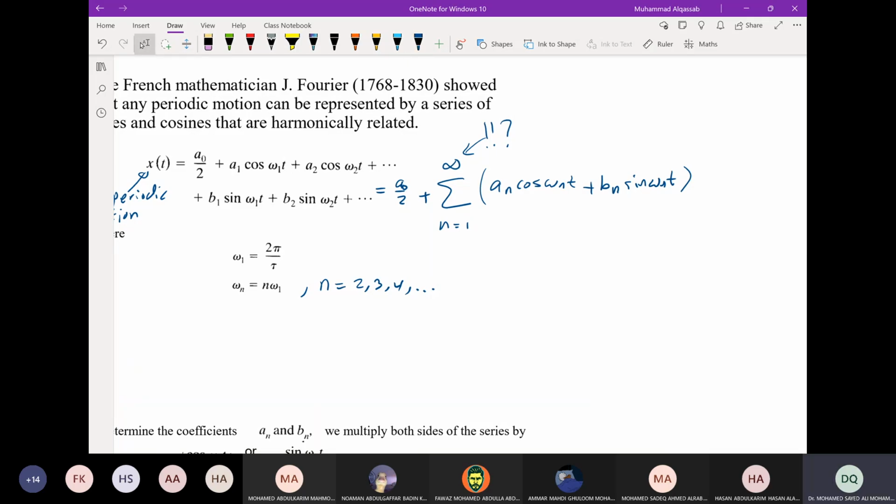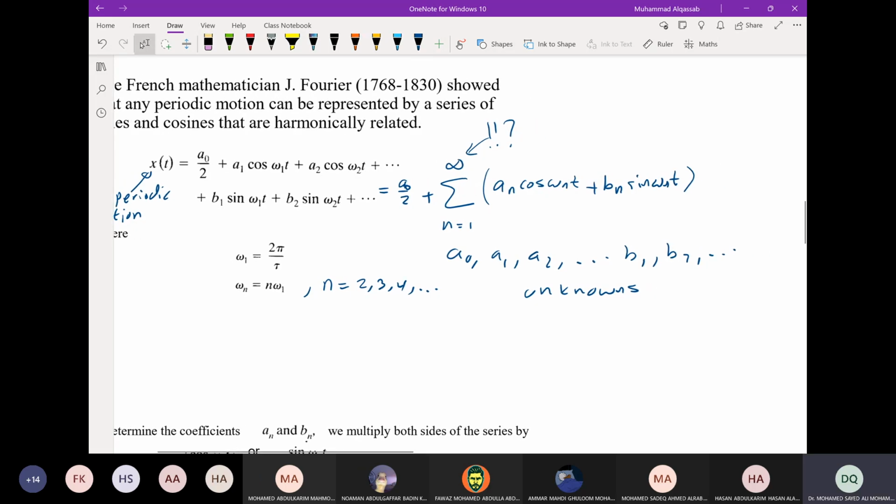Those a0, a1, a2, and b1, b2, those are called Fourier series coefficients, and are unknown. So once we find them, we find the series.